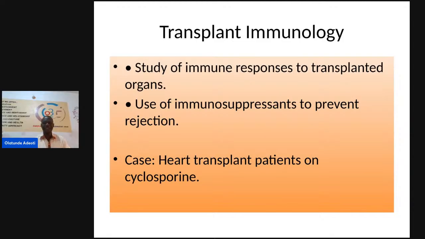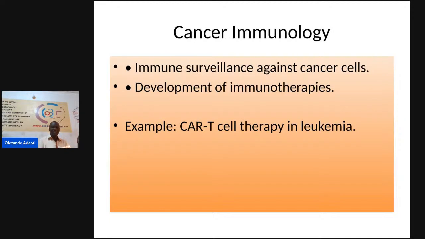Then transplant immunity, that is the study of immune responses to transplanted organs, and the use of immunosuppressants to prevent rejection. A case study is a heart transplant patient who is on drugs like cyclosporine. Then cancer immunology, that is immune surveillance against cancer.